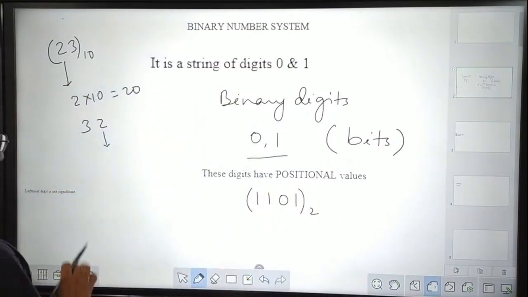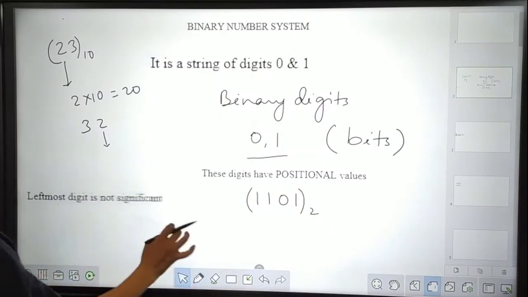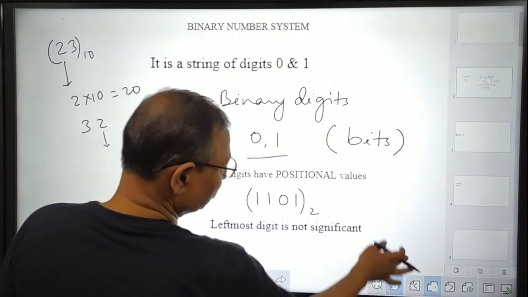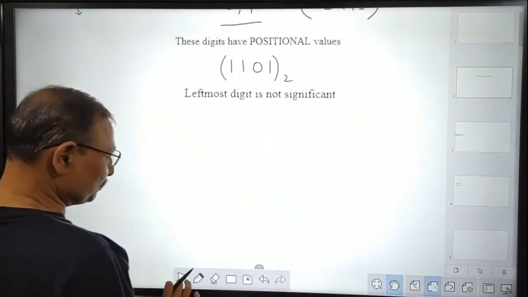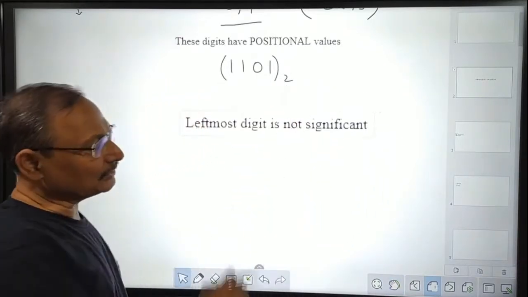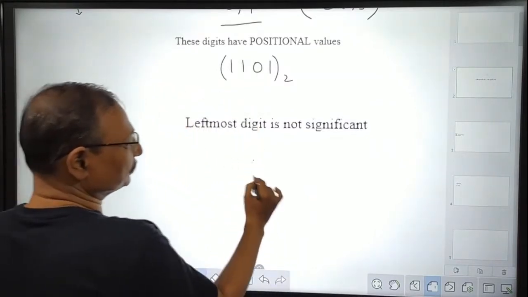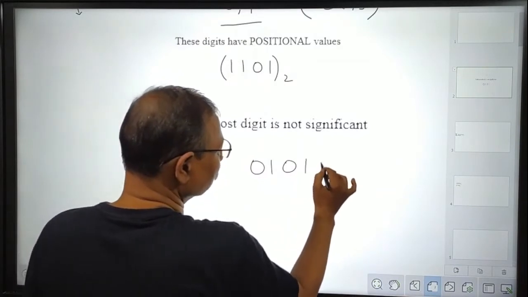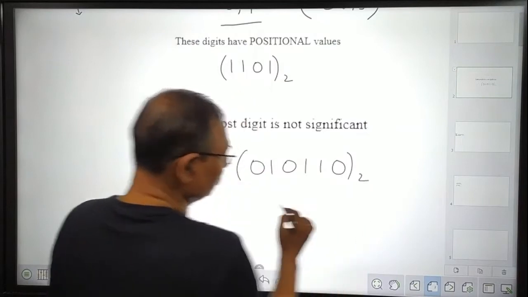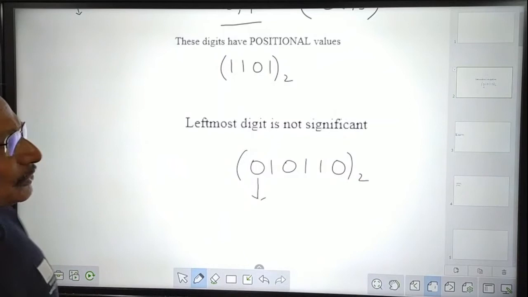Now the second most important fact is this: any digit in the leftmost part of a number, if it is 0, has no significant value. As an example, if I say 010110 is a binary number, then this particular leading zero has no significance.